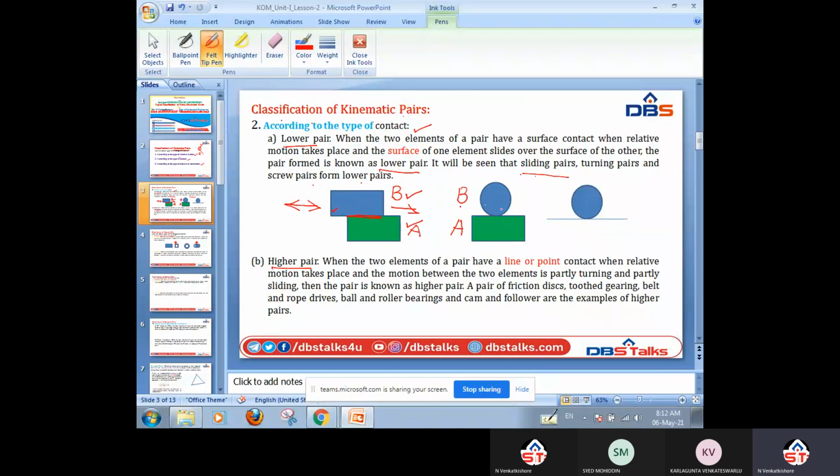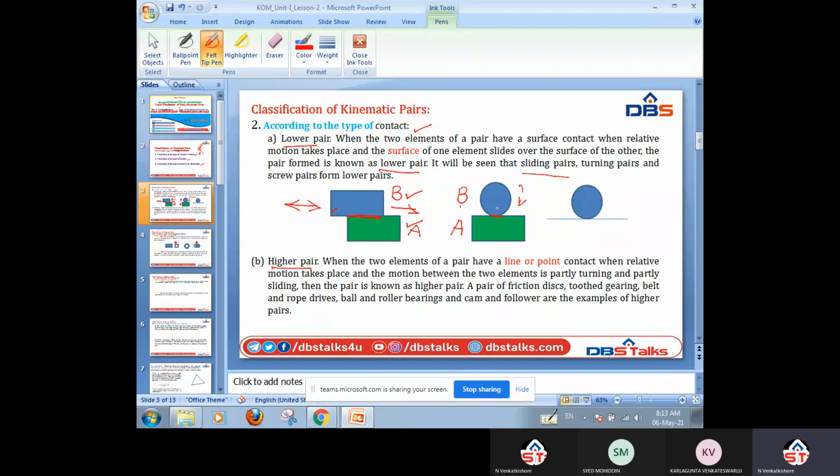Here the body is a roller, and the roller is rotating on object A. Whenever the roller is rolling, the surface of the roller makes a line contact or a point contact. Either it may be simply a point or a line contact.